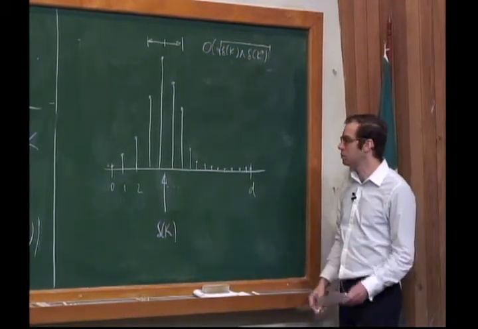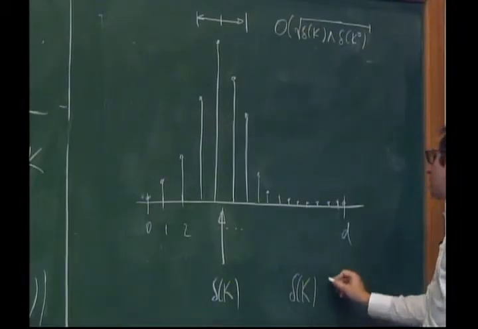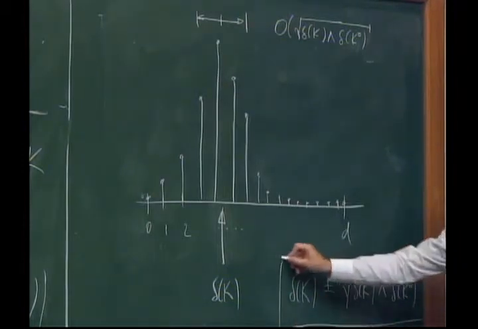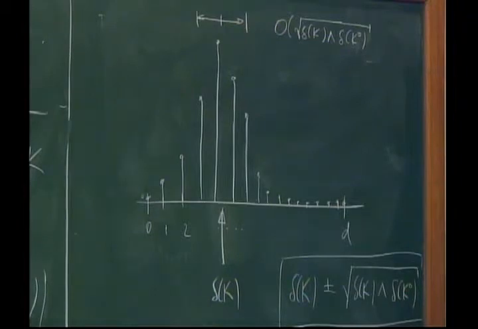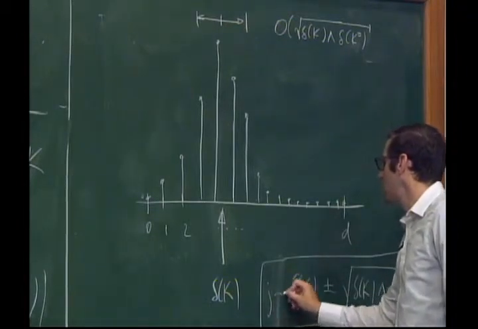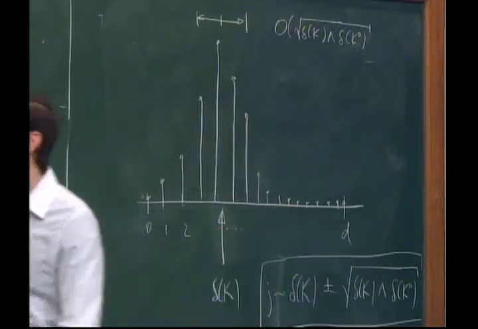So the range, again, that you're interested in is delta K plus or minus the square root of min of delta K and delta K polar. These are the only indices where these intrinsic volumes are large. Okay. Now, what can you do with this?